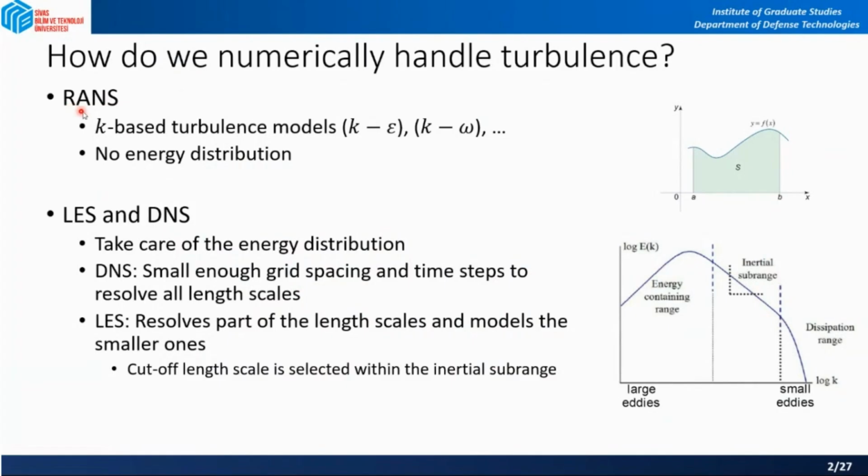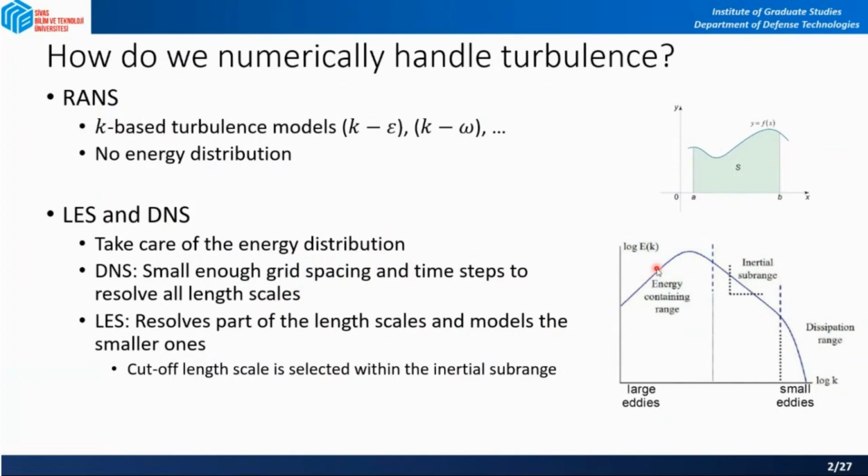So that's one of the problems of the models obtained with the Reynolds-averaged Navier-Stokes equations, those K-based models, if you compare them with, for example, LES and DNS, large eddy simulation and direct numerical simulation. LES and DNS actually do take care of the distribution of turbulent kinetic energy as well.